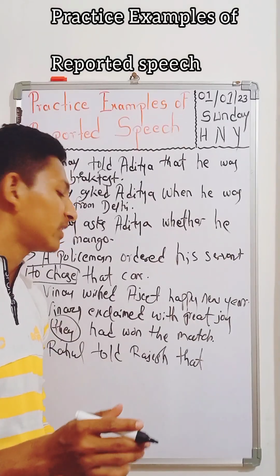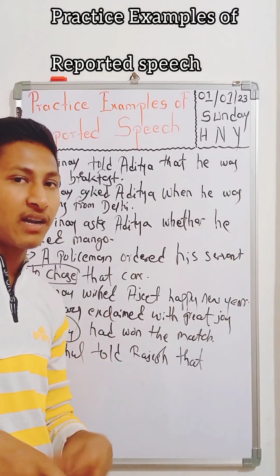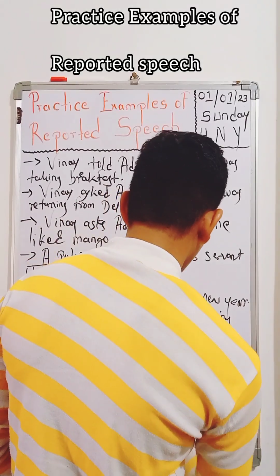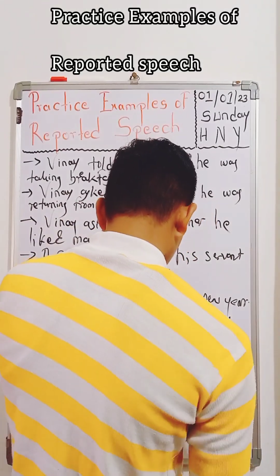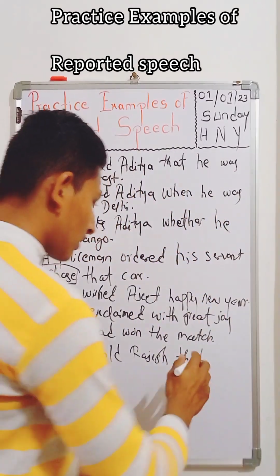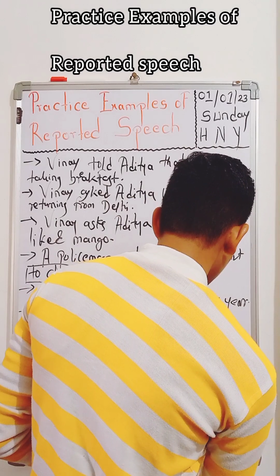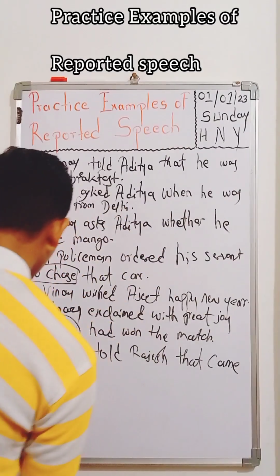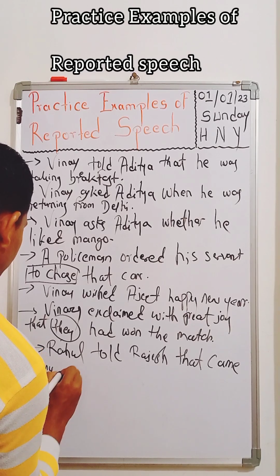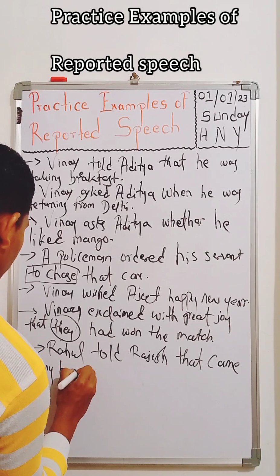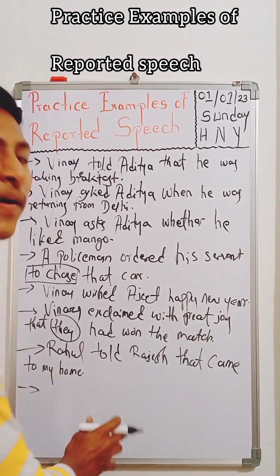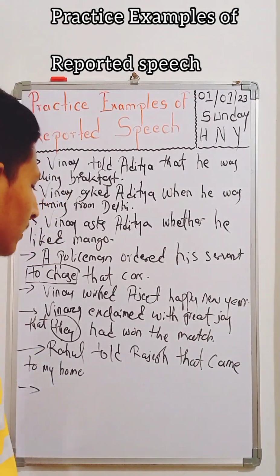That reported speech will be transformed into indirect. Let us see how that will be changed. Come will become came: came to my home. This kind of example is also possible, but such examples are rare to find.